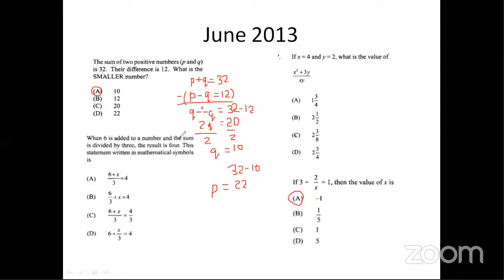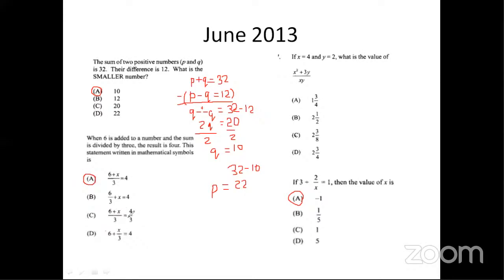It says the sum of the 6 and the X must be divided by 3. So you add up your 6 and your X, and you divide the answer by 3. Both of them are the same thing. The last part: the result is 4. Which one of them has a result of 4? A. So right away, A is our answer.